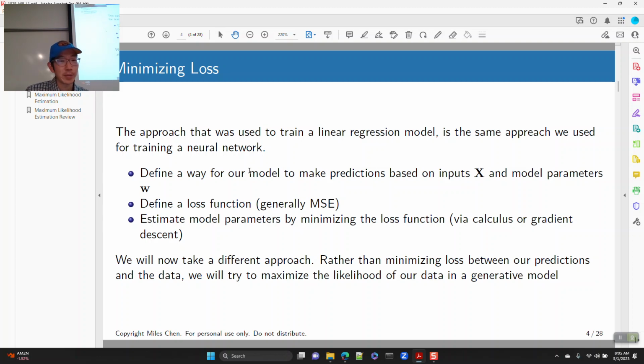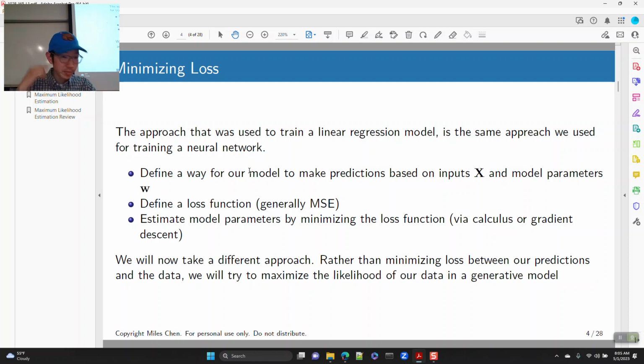This idea of minimizing loss that we used to train the linear regression model is the same way we trained the neural network. Even though the neural network, as a model, is more complicated because it has more parameters, at the core it's an optimization problem. It's a minimization thing.